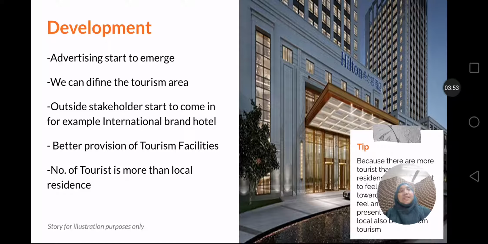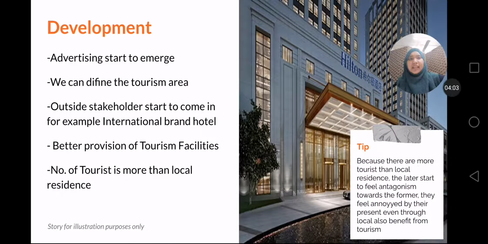And also at this stage, the most obvious thing is that the number of tourists is actually more than local residents. This create annoyance among local residents, even though local residents also have some benefit from tourism activity.